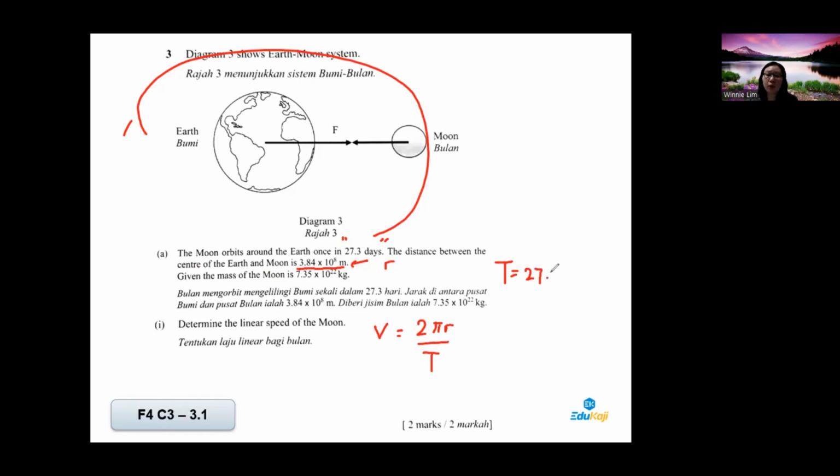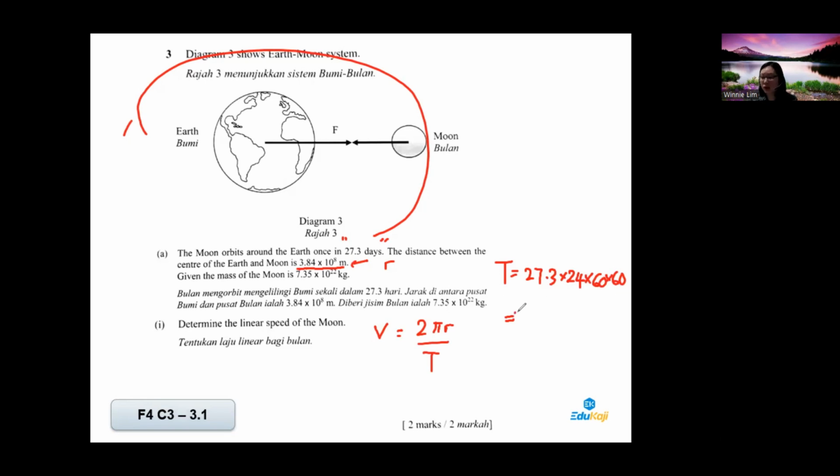So 27.3 days, you change to hour, you times 24, correct? Then you change to minute, you times 60. You change to second, you times 60 again. You have to change into second, then only you substitute into the equation. Any student that forgot to do this step will lose 1 mark because your final answer is wrong.